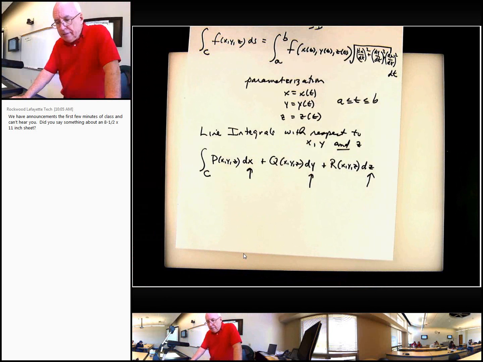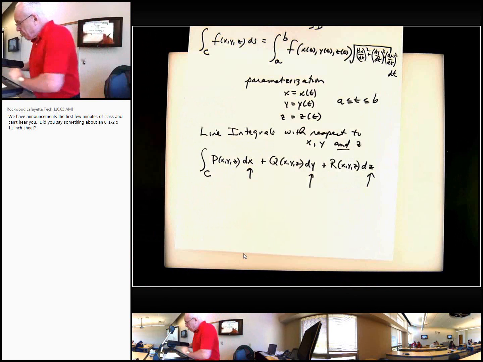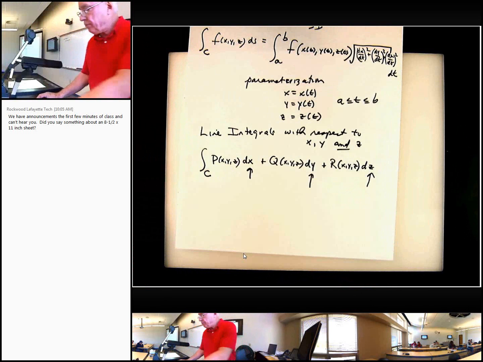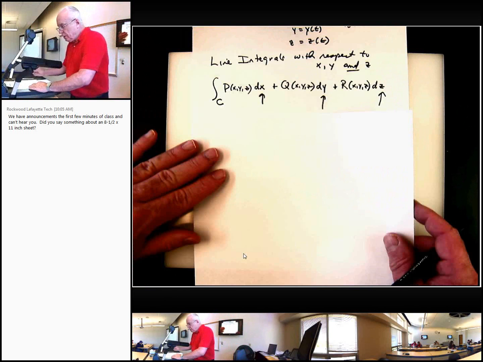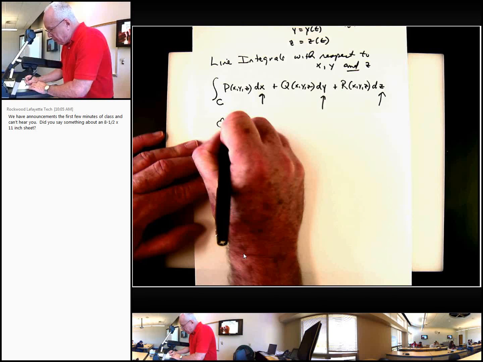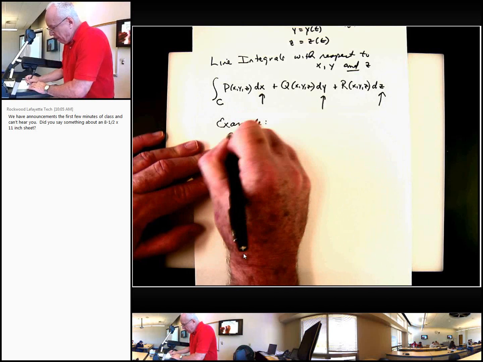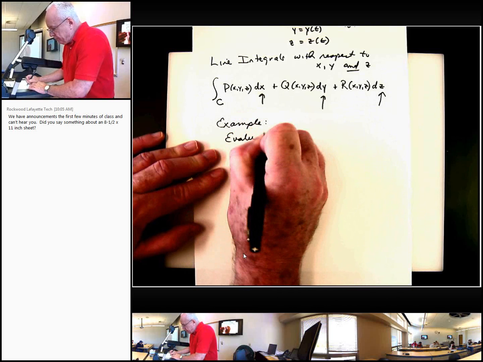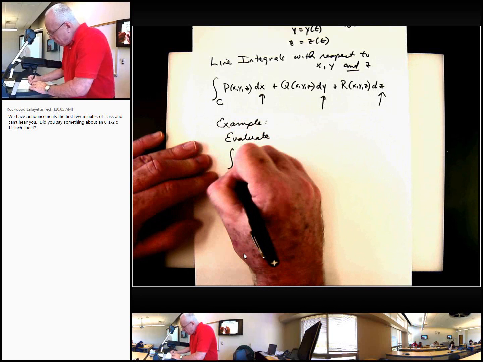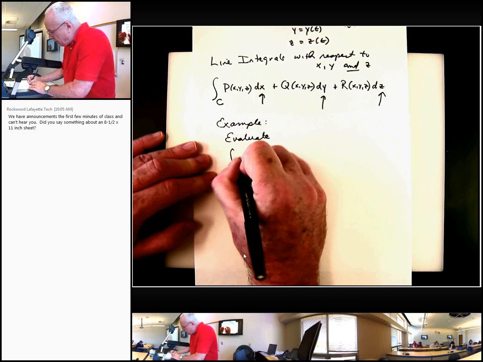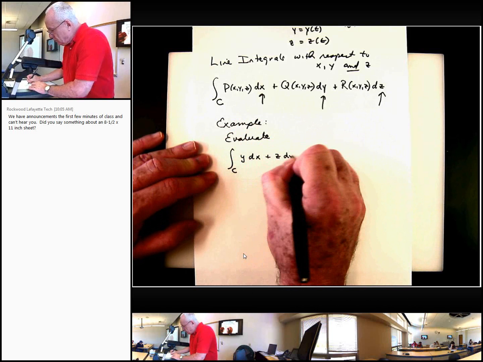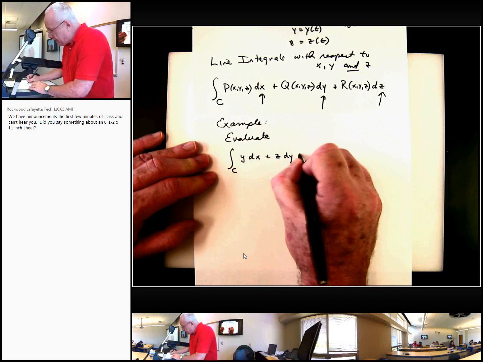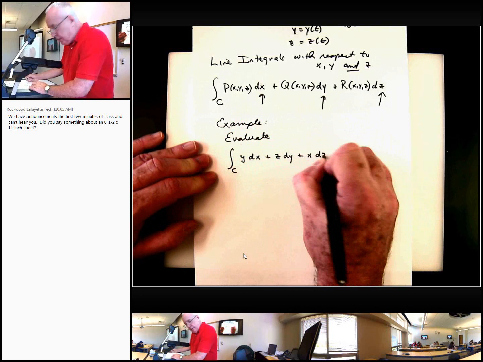So I do have an example here then of evaluating something like this. So let's look at this example. Evaluate the integral along C of y dx plus z dy plus x dz.